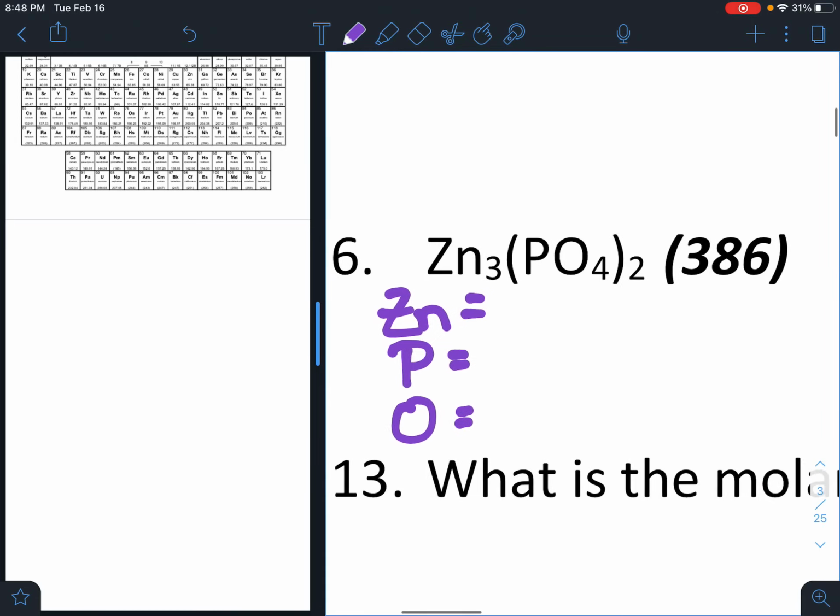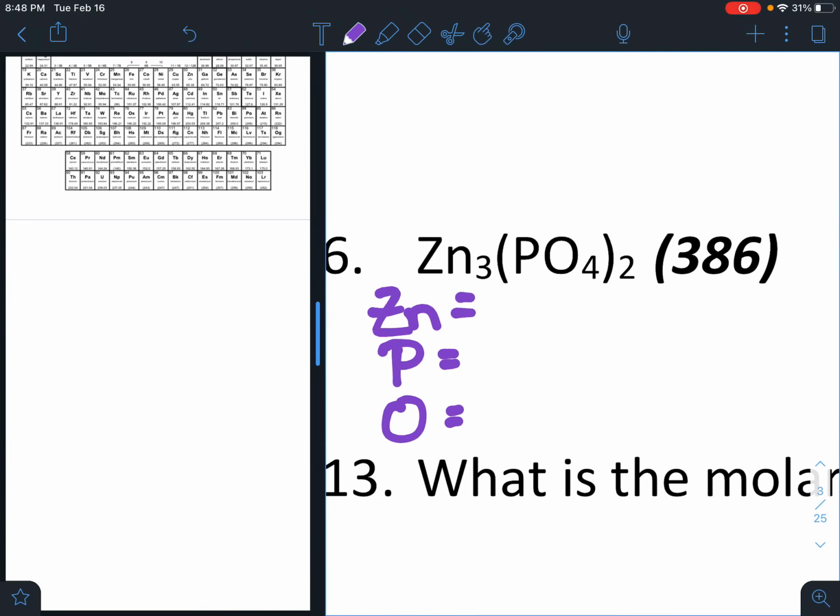Now, there are many ways that you guys can decide how you're going to do this. For instance, if you wanted to find the mass of an entire PO4 and then multiply that by 2, you could do that. I always count up the atoms. So here we can see, because of that subscript on the zinc, that there are 3 zincs. And then for the phosphoruses, if we have 2 PO4s, treat this like math class, where the number outside the parentheses goes to everything inside the parentheses.